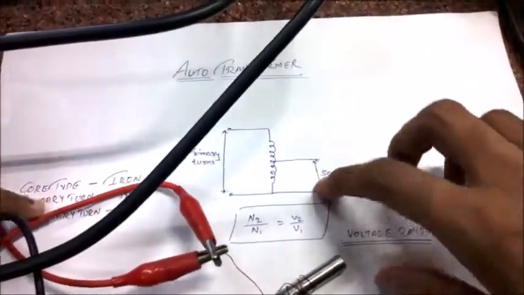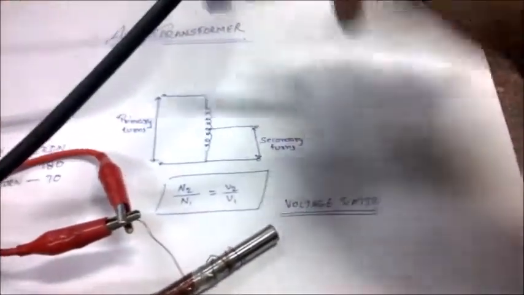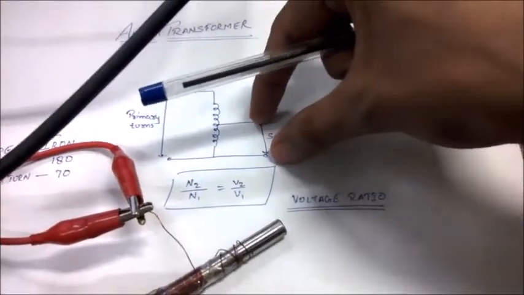Now, the formula on which we will calculate the voltage levels according to the number of turns. As you can see, this is the circuit equivalent to what we have made here. This whole is the primary and this is the secondary winding turns.